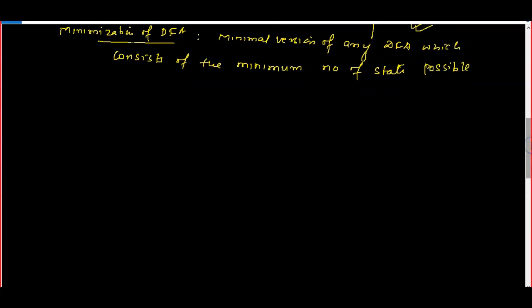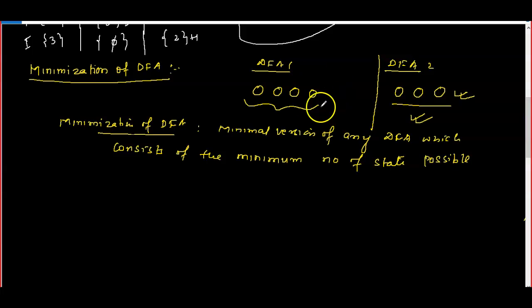Minimum number of states possible. So if you have 5 states here, 4 states here, and this has only 3 states, this will be more efficient compared to the first DFA.